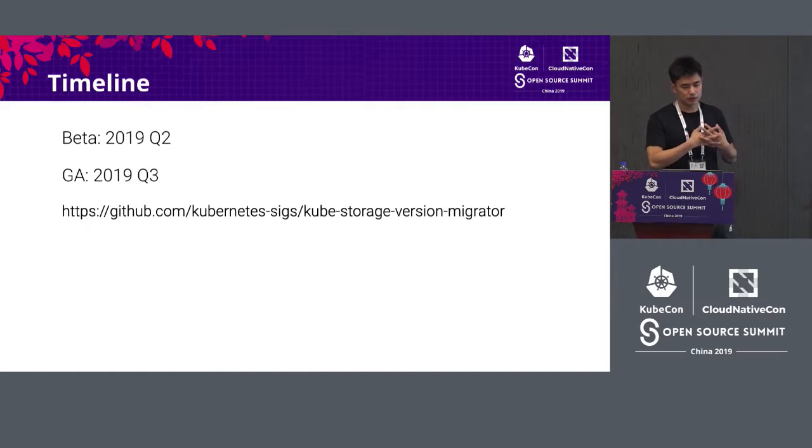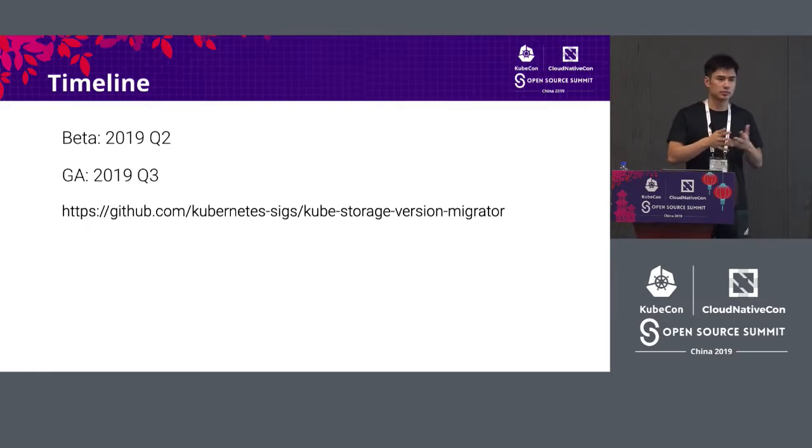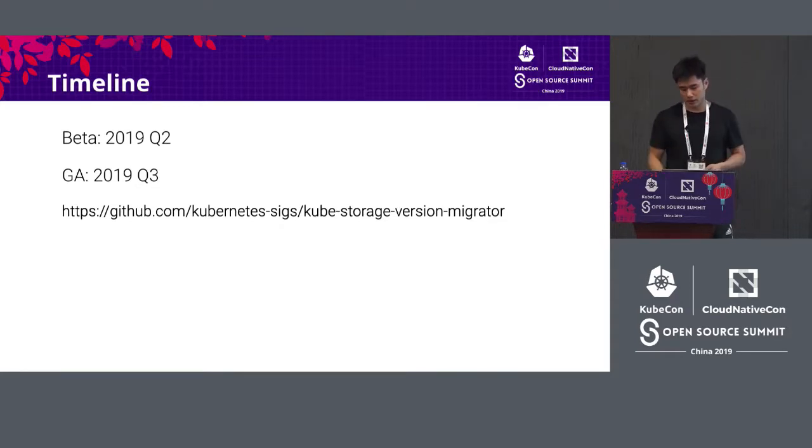So we plan to graduate it to beta this month, and then we plan to make it GA in Q3 of 2019. At this point, I want your support. I hope you can try the migrator in your own cluster and report any issues you find so that we can make it GA next quarter.